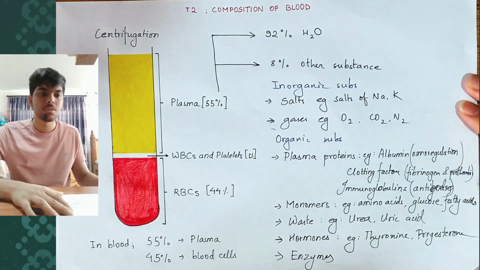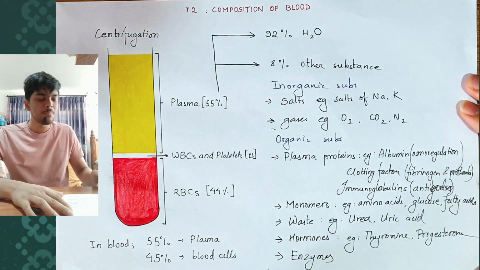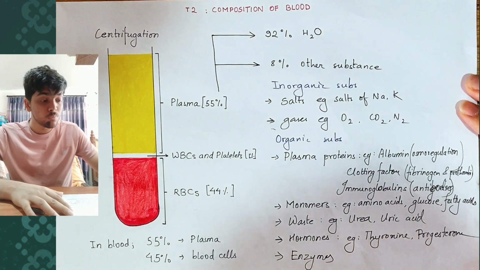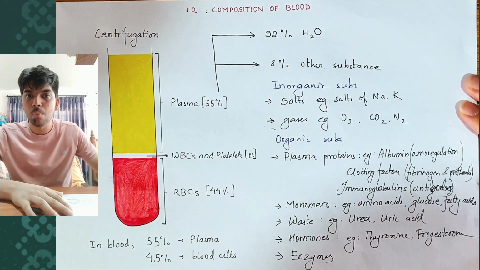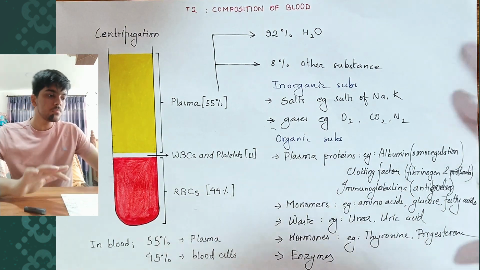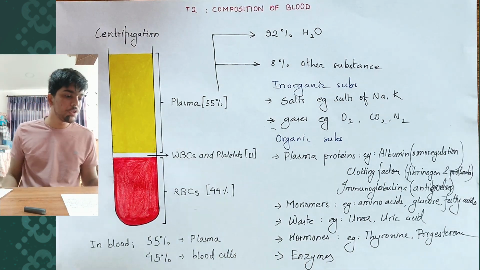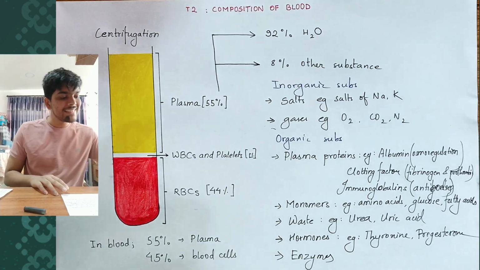And finally, enzymes. All this stuff that I have mentioned here is found in plasma and is what plasma is composed of. So we are done with the first layer of what's present in the test tube. Now let's begin with the second layer, or the red blood cells.